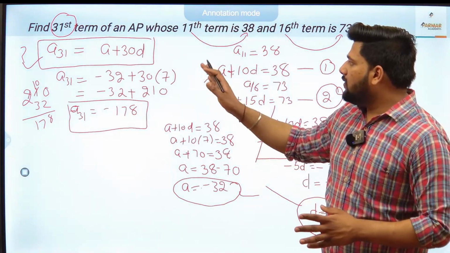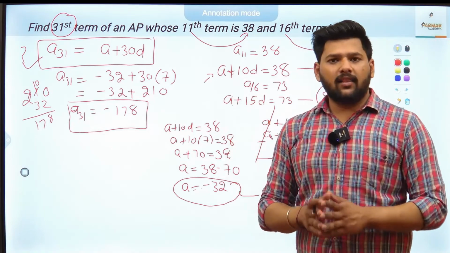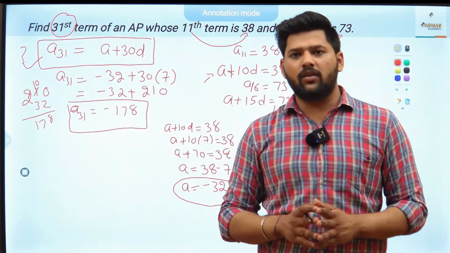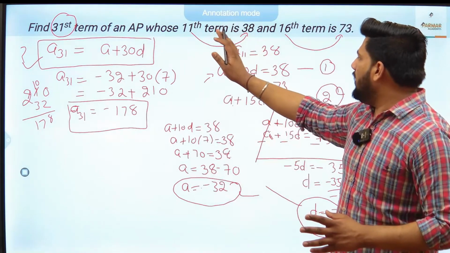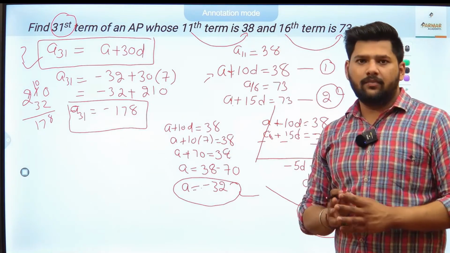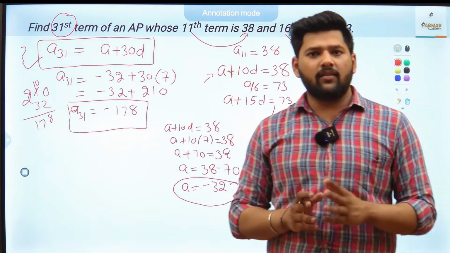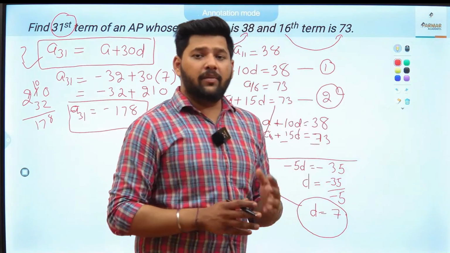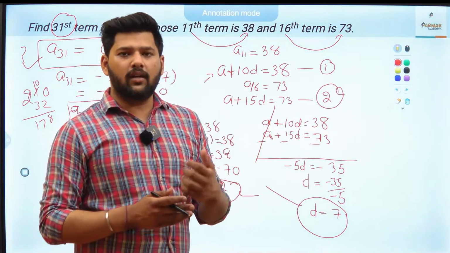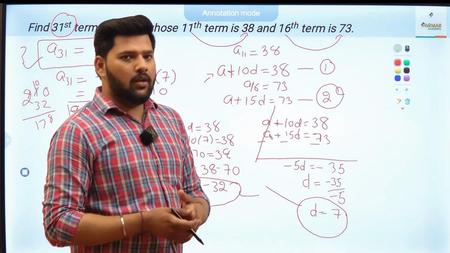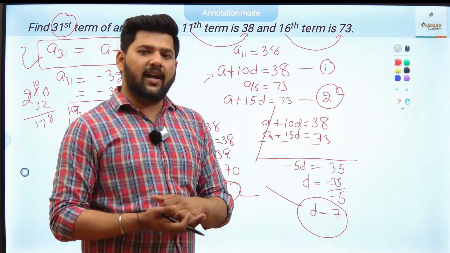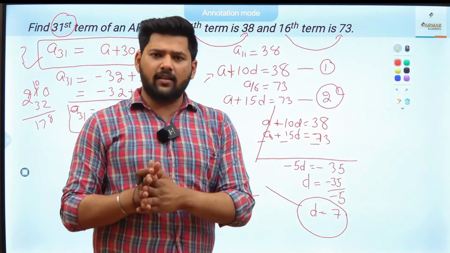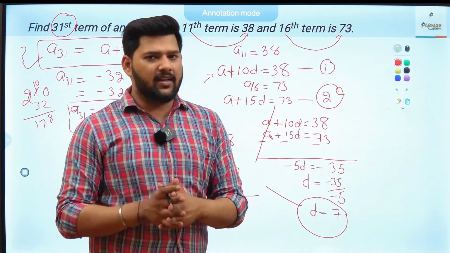Simple. Look here. The question is to find the 31st term of the AP when you are given the 11th term and the 16th term. Whenever we are given two terms, we are given two linear equations in two variables. So we have to solve. After solving, we will get the values of a, that is the first term, and the common difference, that is d.